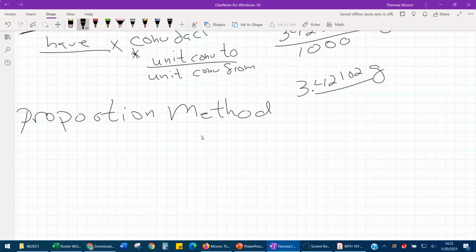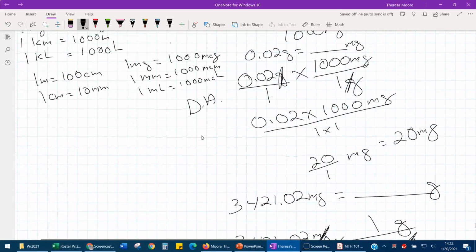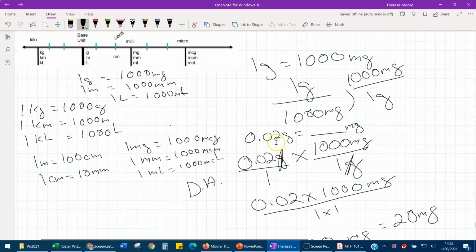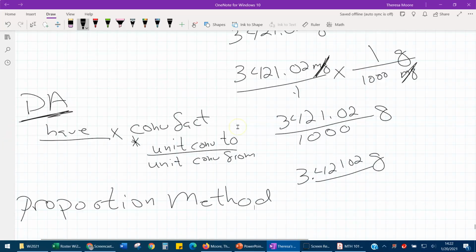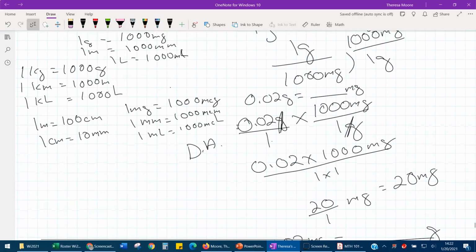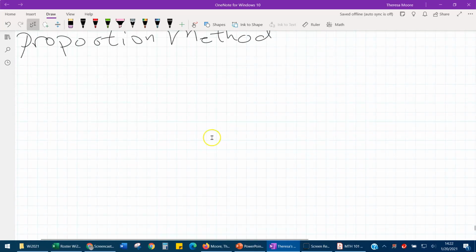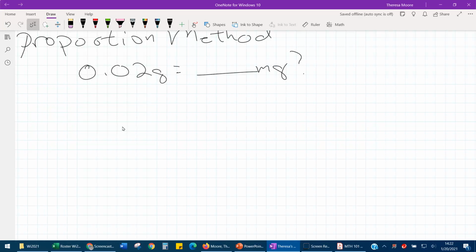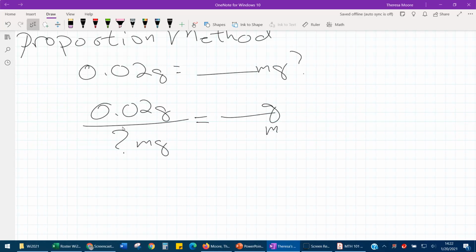So with the proportion method, we still have to remember our equivalencies, all these equivalencies. So let's take the first one again. We had 0.02 grams, we're converting to milligrams. 0.02 grams is how many milligrams? Well, this is a ratio. We can set it up as 0.02 grams is to how many milligrams. And in a proportion, we set it equal to another ratio where the units match across the top and bottom.